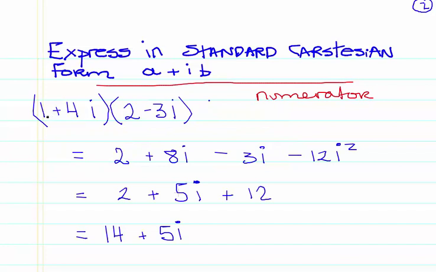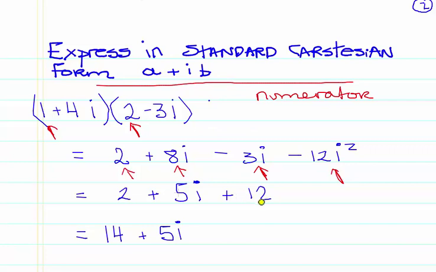The numerator is 1 plus 4i times 2 minus 3i. Essentially we're just going to multiply that. So 1 times 2 gives us 2. 4i times 2 gives us 8i. 1 times minus 3i gives us minus 3i, and plus 4i times minus 3i gives us minus 12i squared.